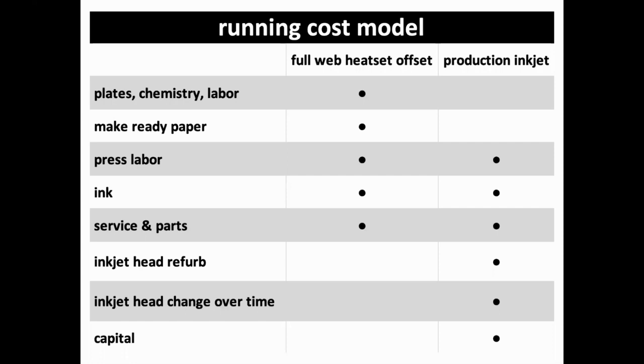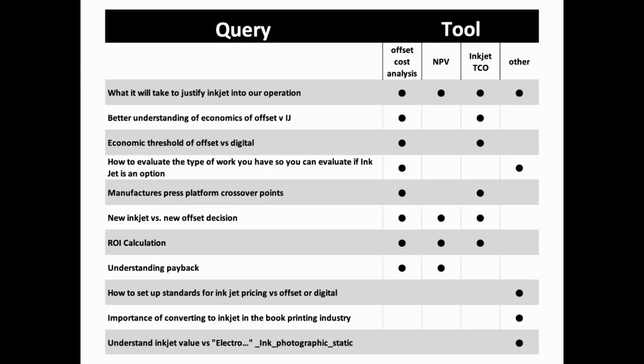Why is capital cost included in the running cost model? More specifically, why only for inkjet? Yeah. That question comes up all the time when you're putting together a running cost model, and it could be asked this way as well: why should I include capital cost in my offset press when it's paid for already? Well, clearly that's a fact.